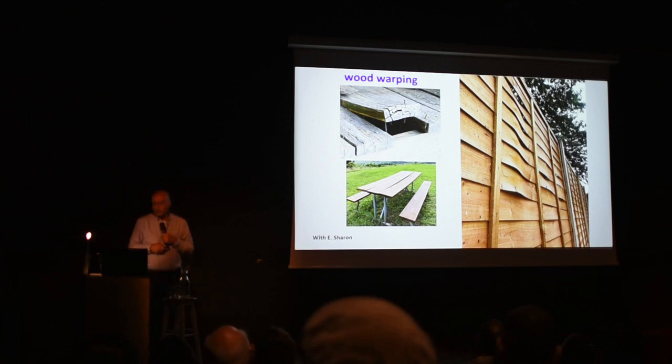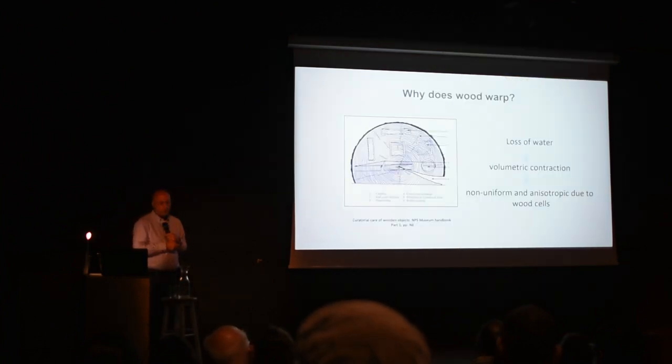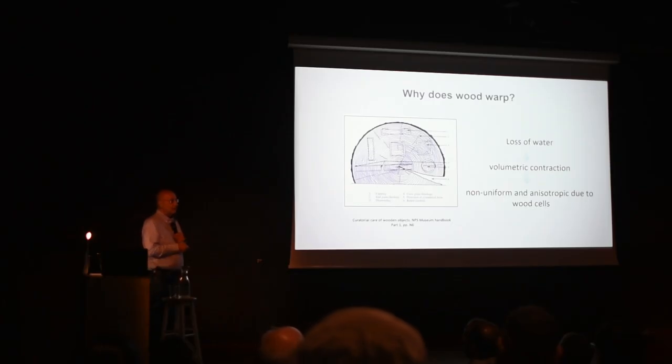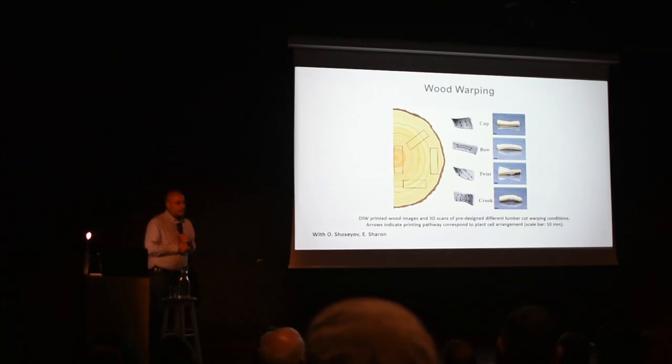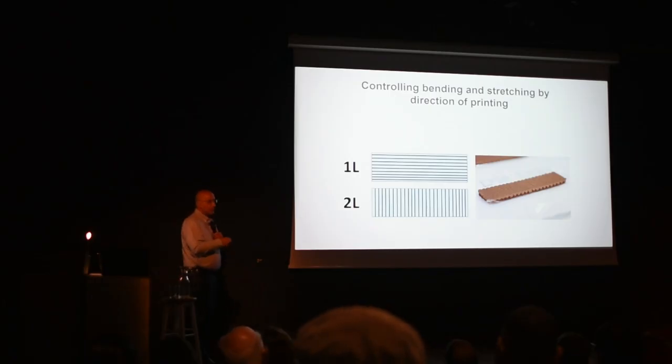So we wanted to imitate the warping process, and the idea is that the warping is caused because of different directions of the fibers within the wood. I will not go into the details here, but we could control the twisting or the warping process by controlling the direction of the printing.